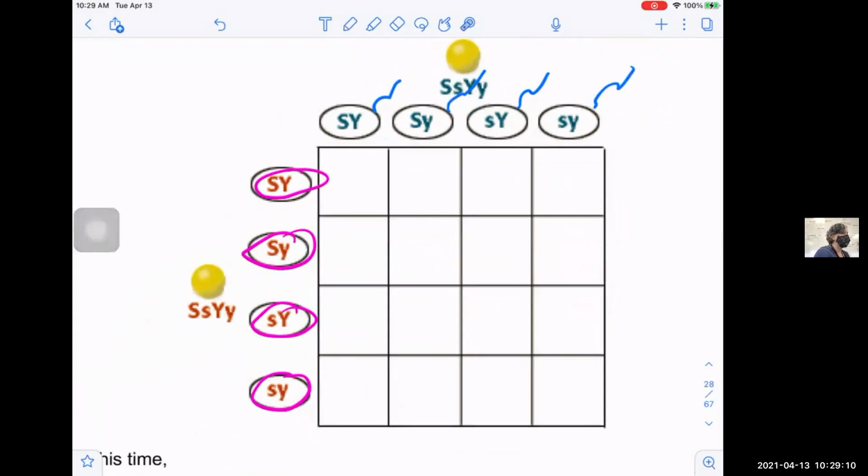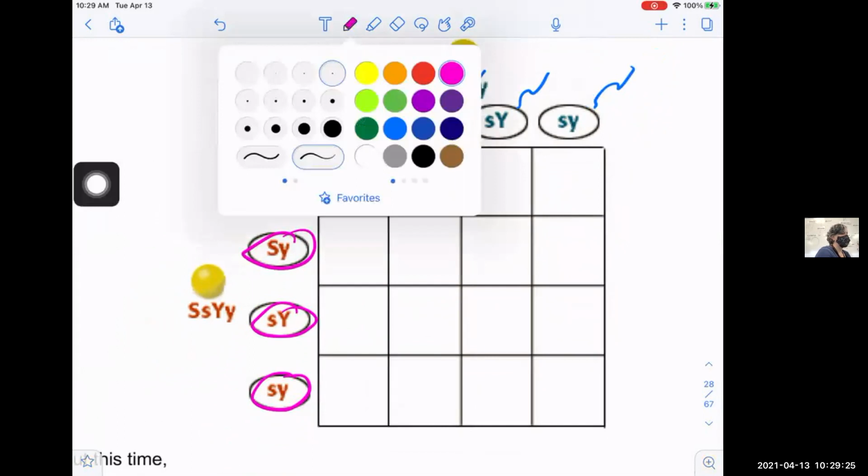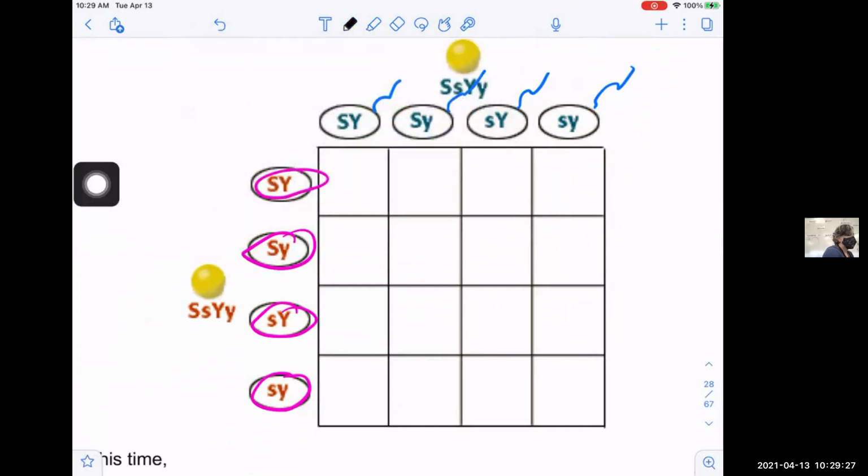So just like before, when we were doing a 2x2 Punnett square, you're going to take the gamete from the top. Dad's sperm is going to meet mom's egg right here, and boom, they're going to make a baby. So the first baby they'd make is big S, big S, big Y, big Y. Write your S's first and your Y's second.